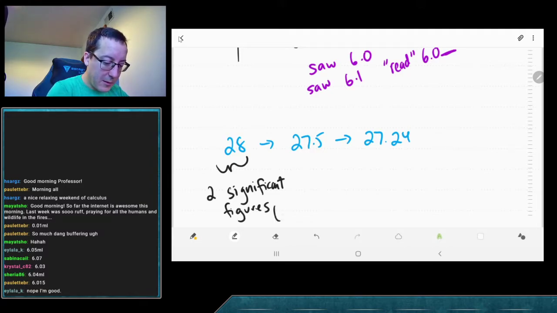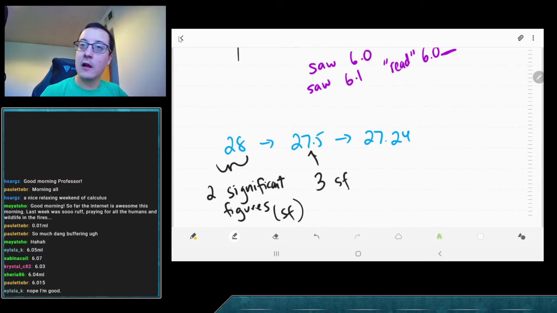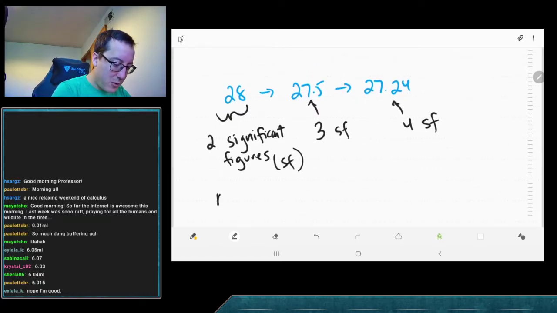Those we abbreviate SF, significant figures. This one here is going to have 3 significant figures. And this one will have 4. We're going to see that more significant figures is better measurement.